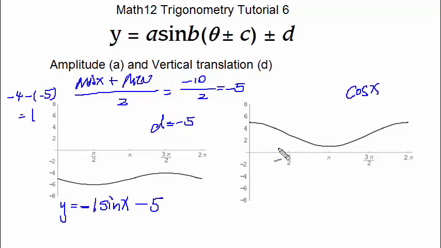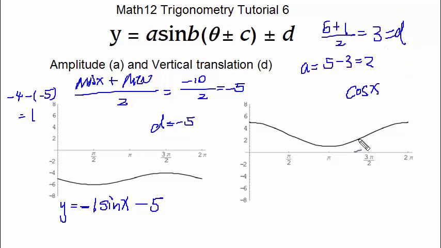So maximum is 5, minimum is 1, so 5 plus 1 divided by 2 is equal to 3. So our vertical translation is 3. Our A is just the maximum 5 minus 3, which equals 2. So A equals 2, D equals 3. So we have y equals 2 cosine x plus 3.